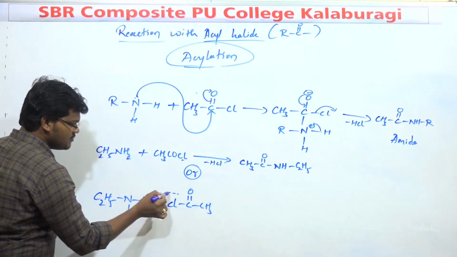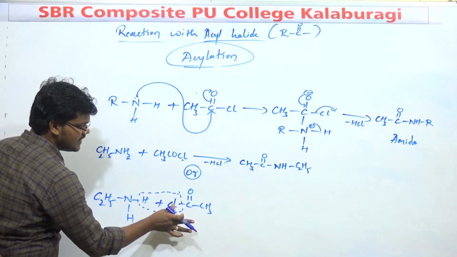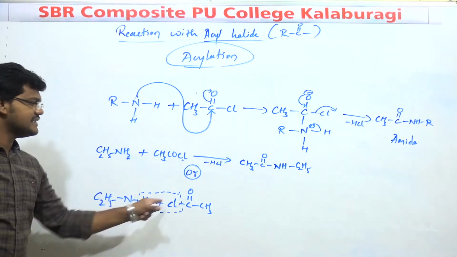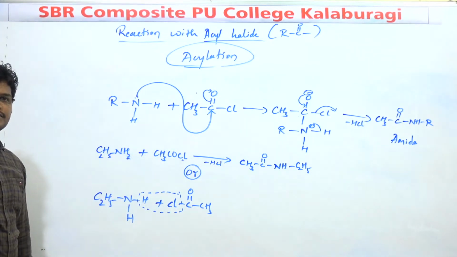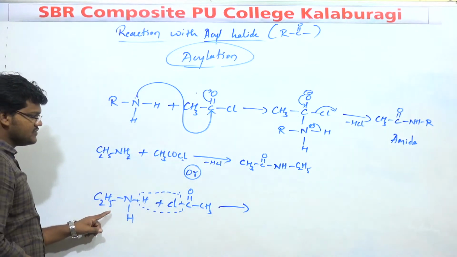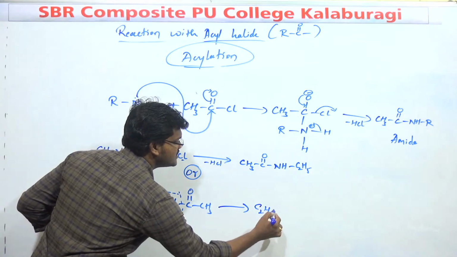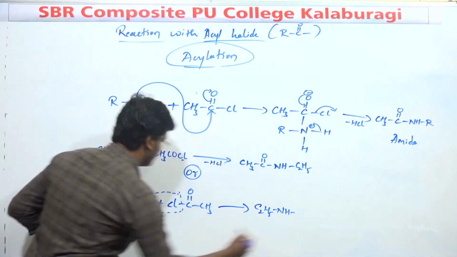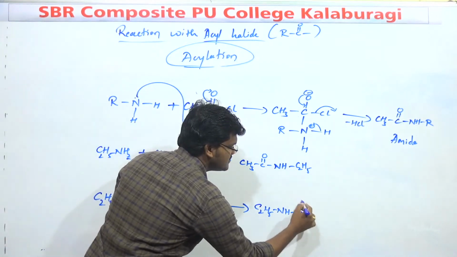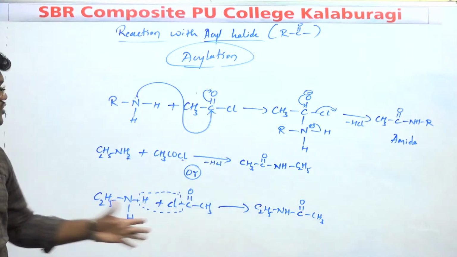So this group will go. This is Cl. So this HCl will go. Tell me what I am left with. C2H5NH, COCH3. Both are set.